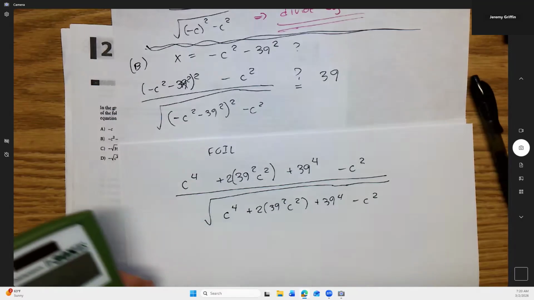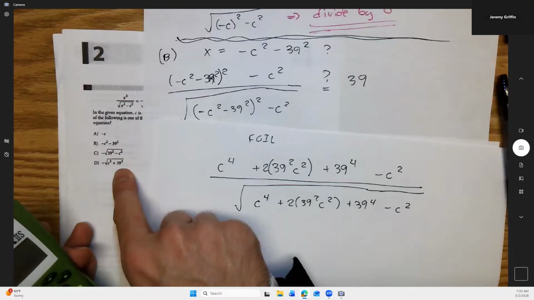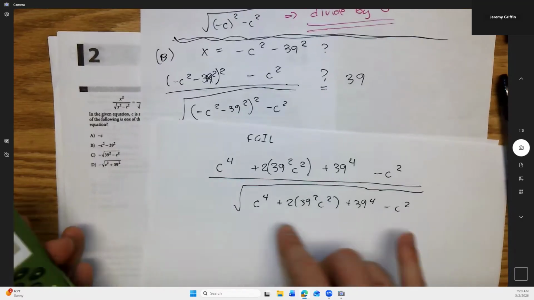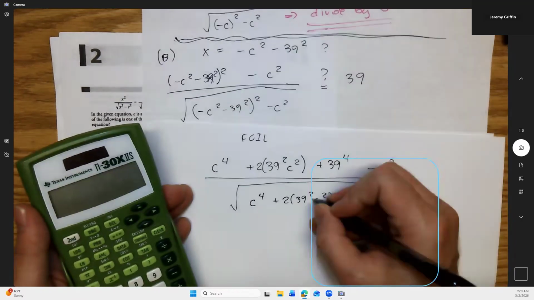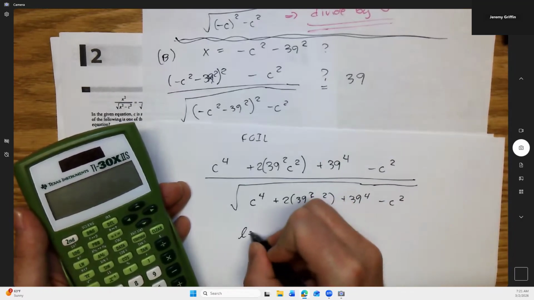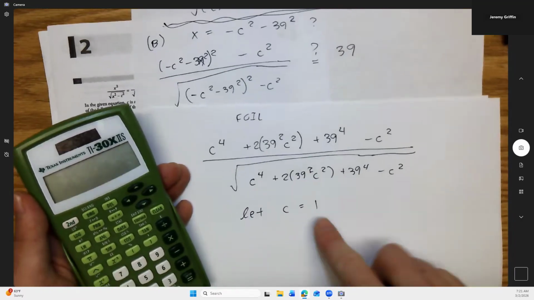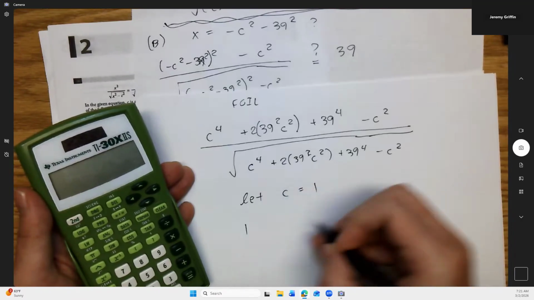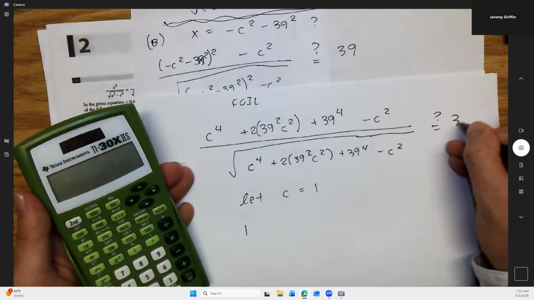Let me try something: if c can be anything to make this true, what if I just plug in 1 for c? I'm going to let c be 1 and see what happens. So this would clean up as, is this equal to 39 is the question.